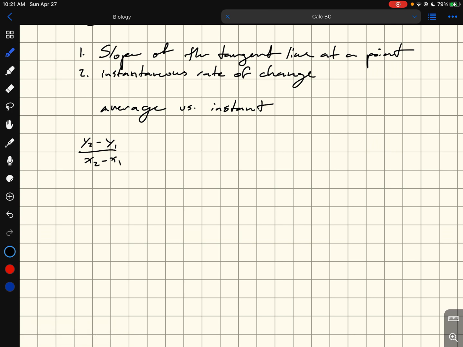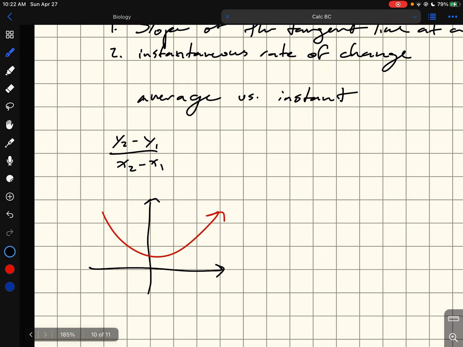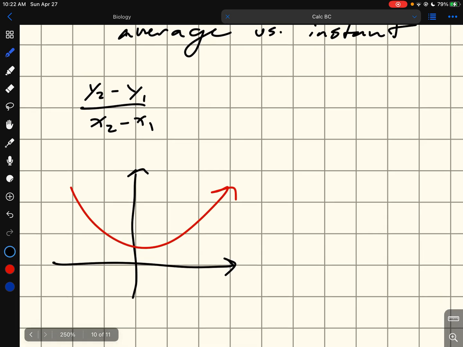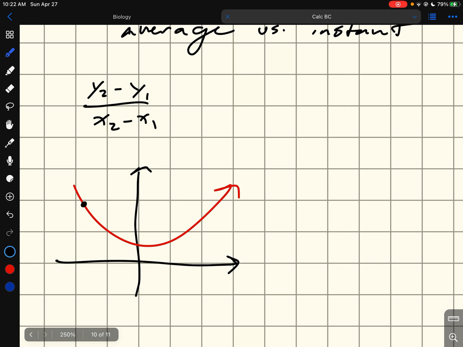So if you have your graph, and it looks like this. Why do I always draw my graphs like that? I'm going to change it up. Okay, that's pretty much the same. How about that? Sure. Then your average rate of change would be from like here to here. It's a rate of change over an interval.